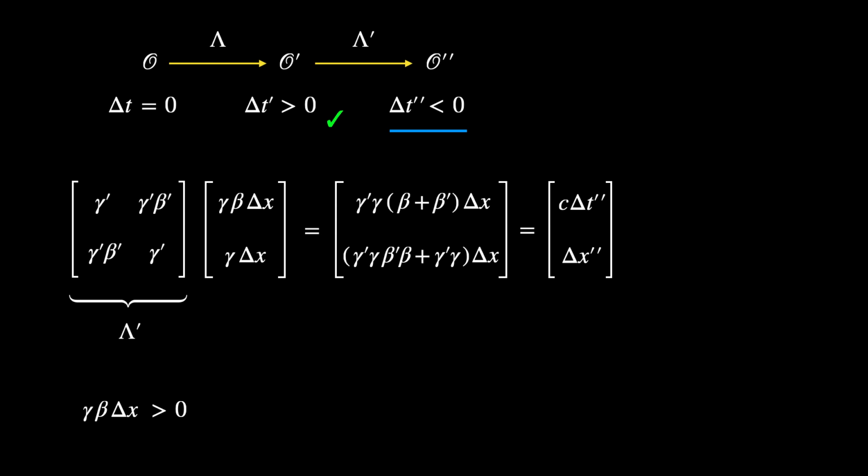We can set delta t double prime to be less than 0, as long as beta plus beta prime is opposite in sign to delta x. This is always possible with a suitable choice of beta prime.